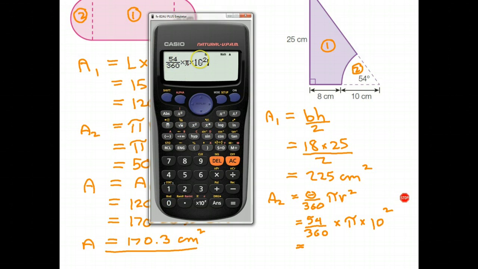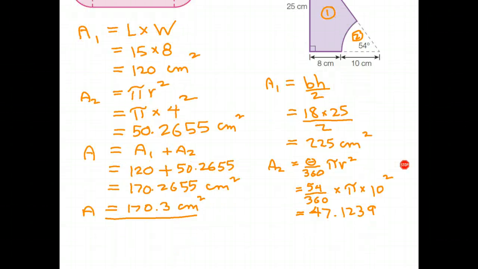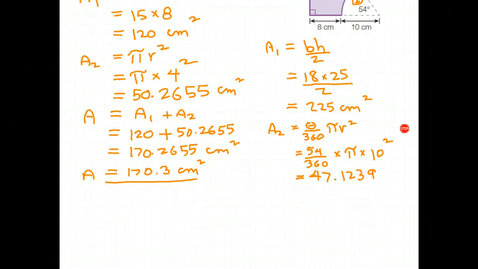Just double check it. Yep, all looks good. And equals. Okay, I need to round this to, again, I'm going to keep about 4 decimal places, 47.1239. Okay, I'm going to have to scroll down, which is going to be, oh, it's not too bad.